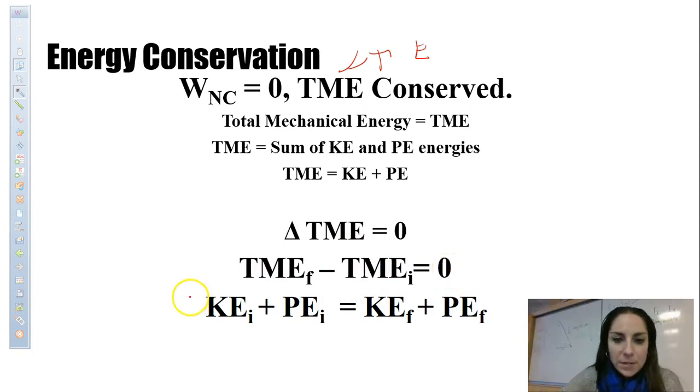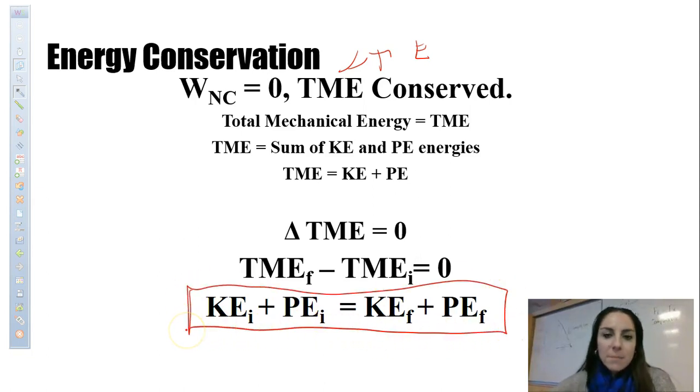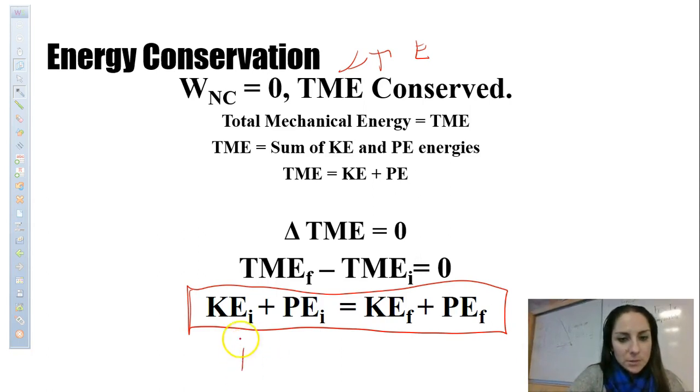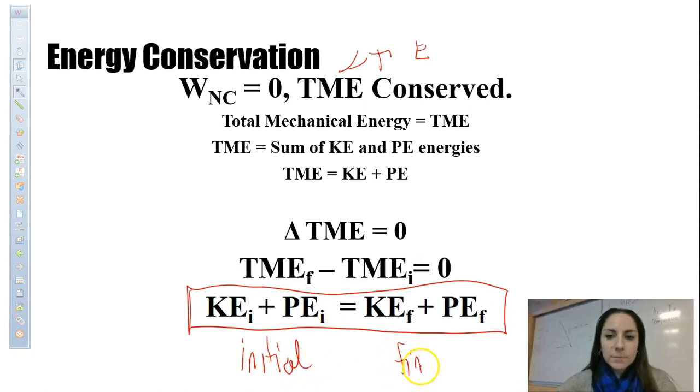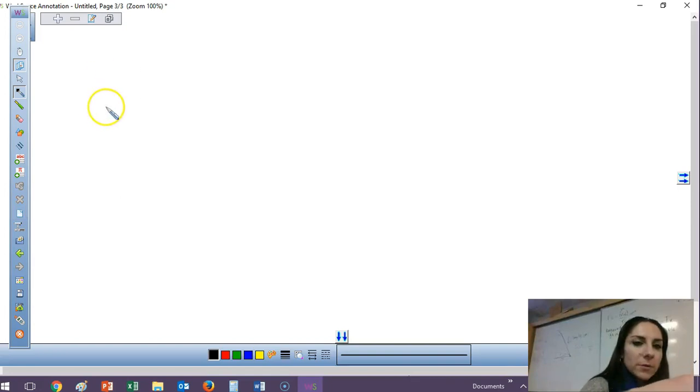But I like writing it in this form right here, because if I write it in that form, then I can organize my systems into the initial conditions and the final conditions, like this. And in fact, I can expand this out into something more like this.